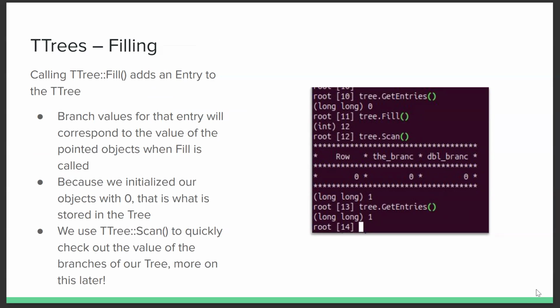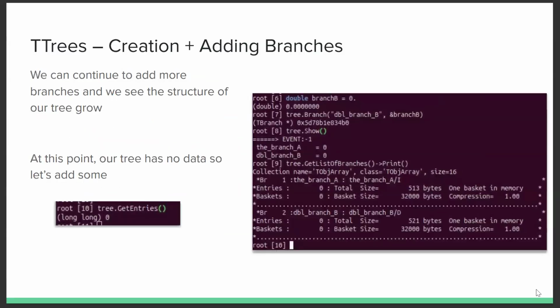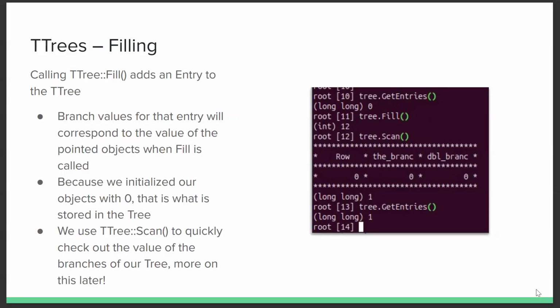So I've just initialized these first two things with 0 here and here, and then I call Fill, and after I use this method that I'll go into later, Scan, you can see that the values of these branches within my tree are 0. And you can also see that we've added an entry here, and that's represented by this GetEntries method.